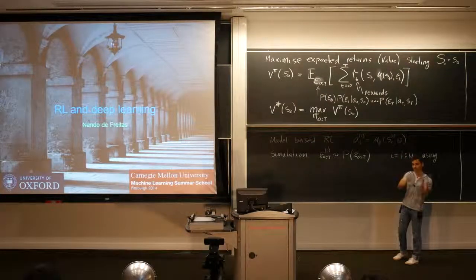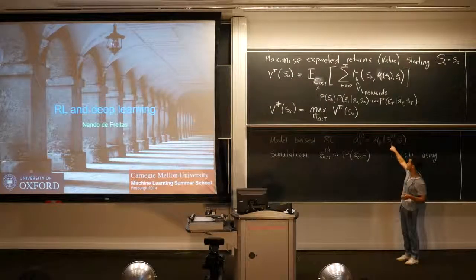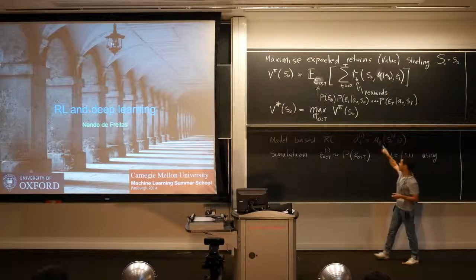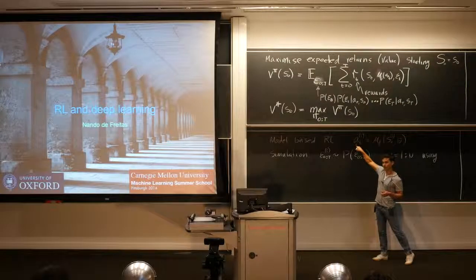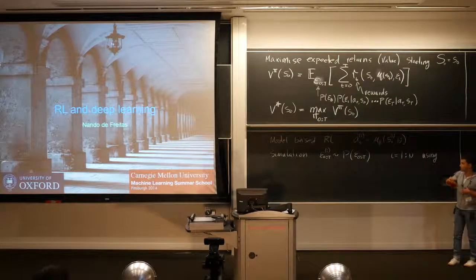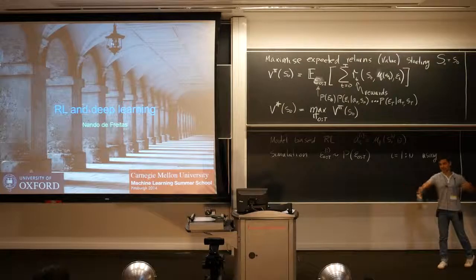So given the function f, I can move to the next state. I start with some initial state, and then I move to the next state with the function f. I move to the next a with a, and then that way I'm generating basically all the rollouts of a's and s's.